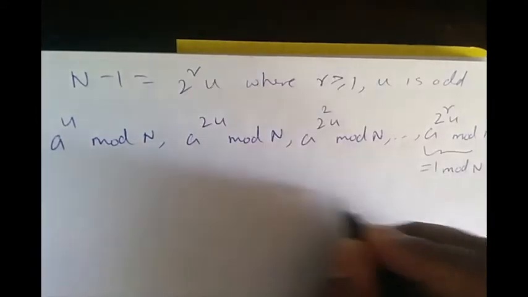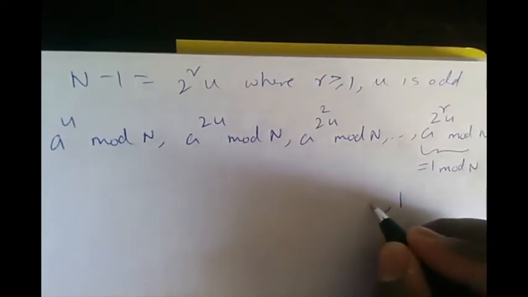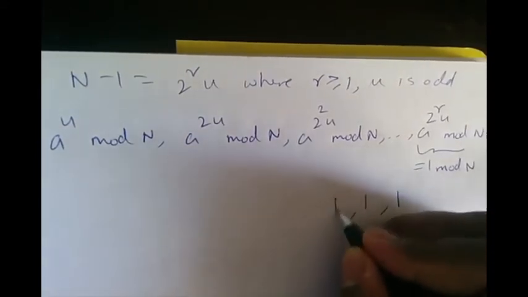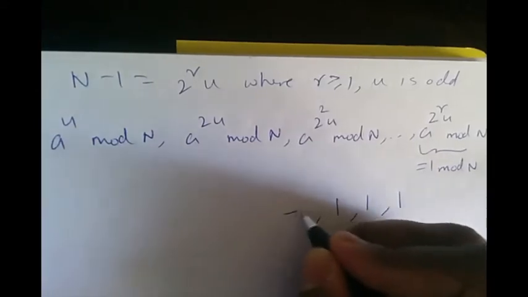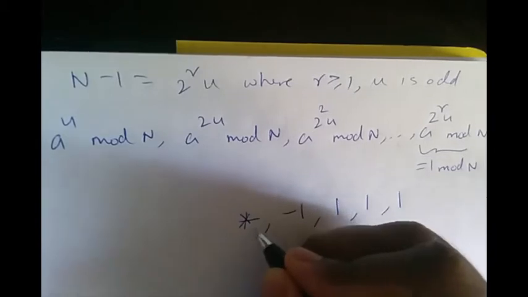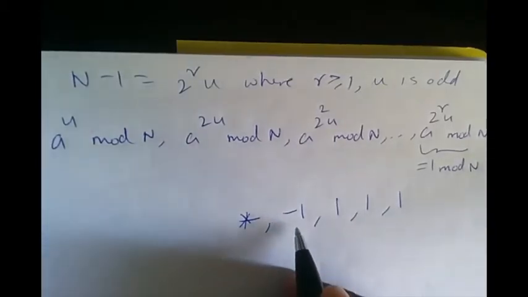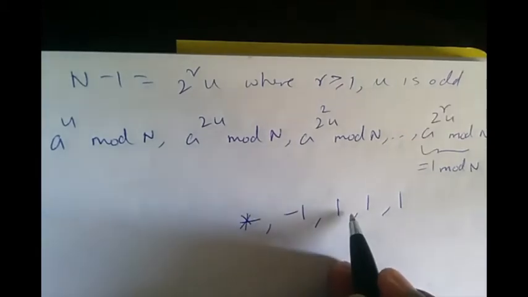So it can happen that if I look at this sequence, the sequence can be like this. It can be that 1, then the preceding element can again be 1, preceding element can again be 1. But then if I get a minus 1 here, then I don't know what this is. This can be anything, because the lemma doesn't say what the square root of minus 1 is. It only says what the square root of 1 can be. The square root of 1 modulo n can be only 1 or minus 1.